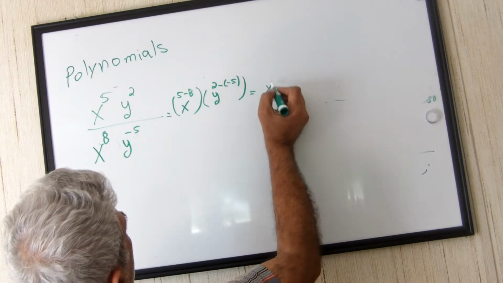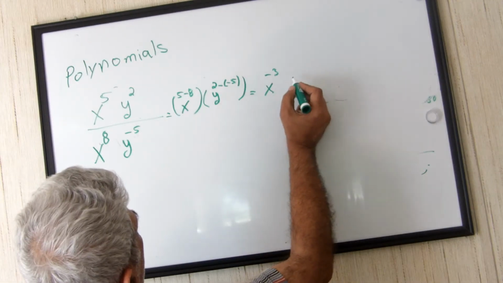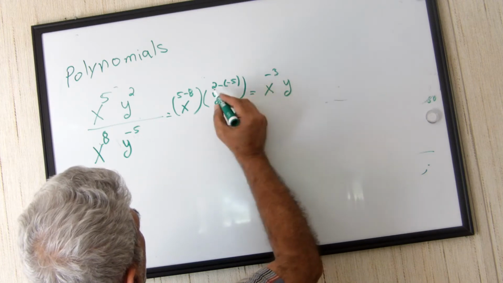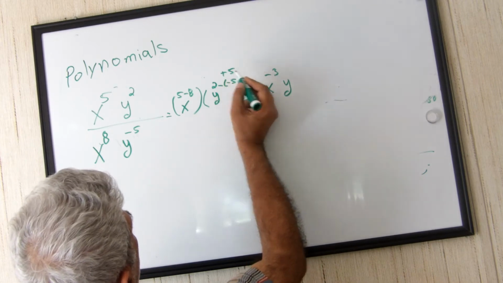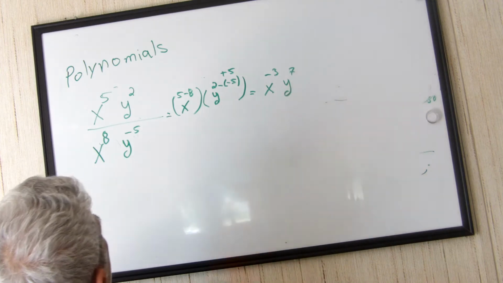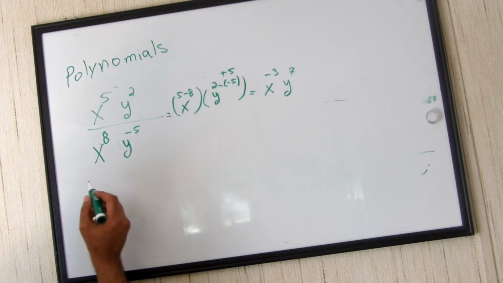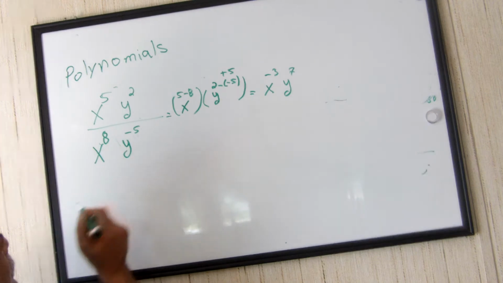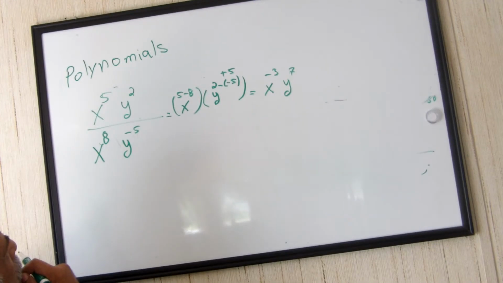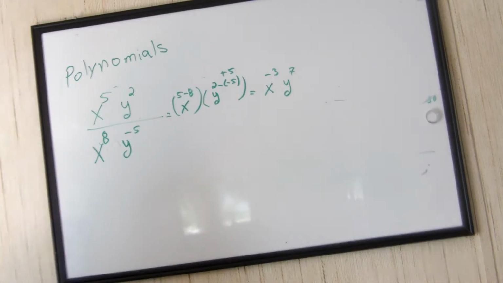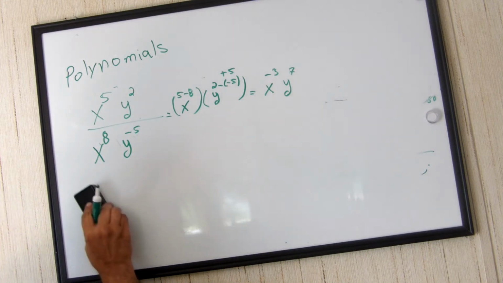So we say x to the power of minus 3, and y to the power of 2 plus 5, so 7. See what happened? This is one way of doing it. So that's enough for this.